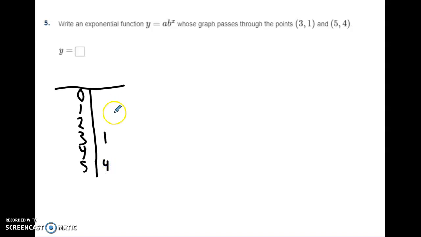I know this is exponential, so I know that I'm multiplying by something. I'm just going to call it x. So I'm multiplying by x, and then from 1 to 2 I multiply by the x. You'll see why I'm doing this in just a second, because I don't know what that multiplier is.